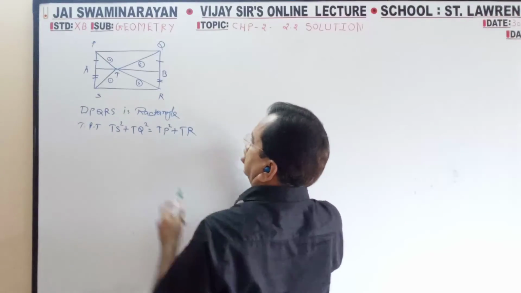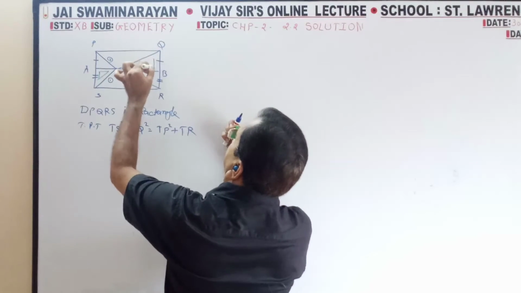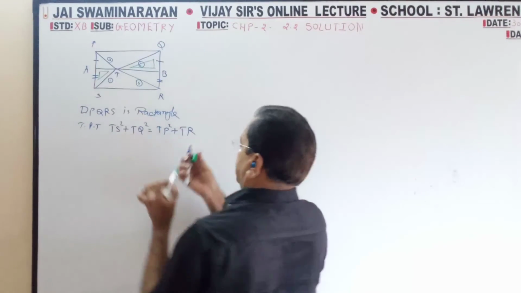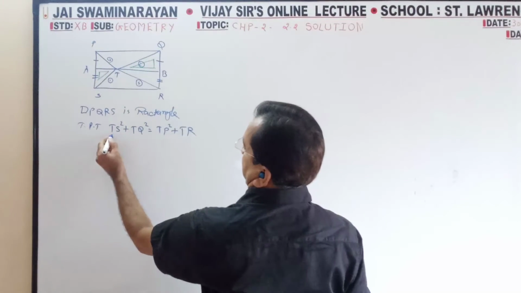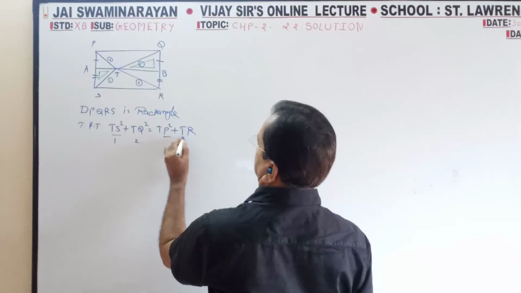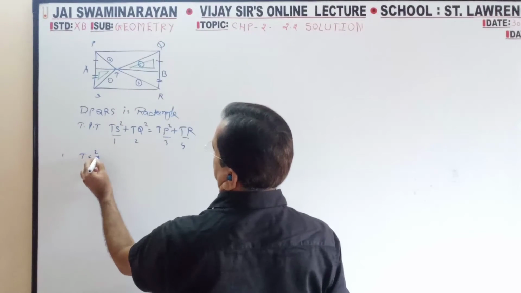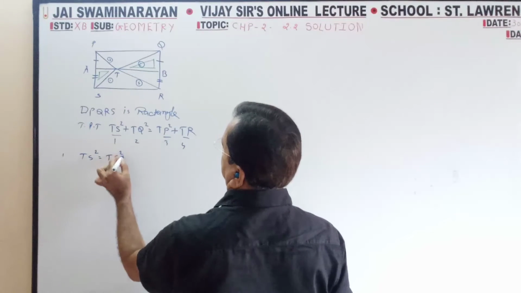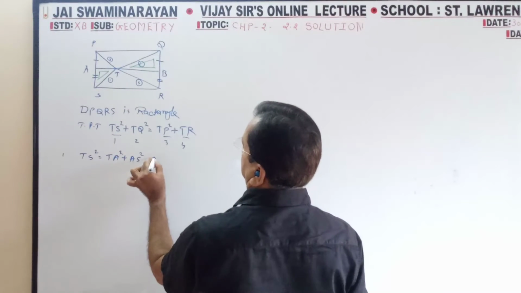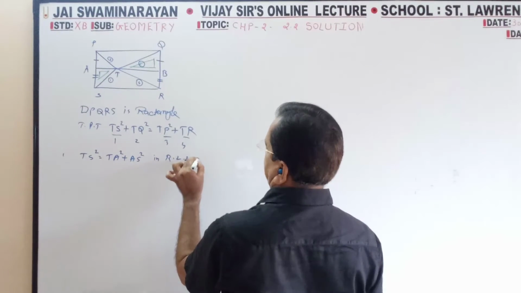For the first, we will take this triangle. For the second, we will take this triangle. First, TS square is equal to TA square plus AS square, in right angle triangle TAS.